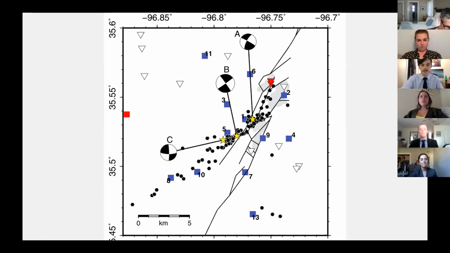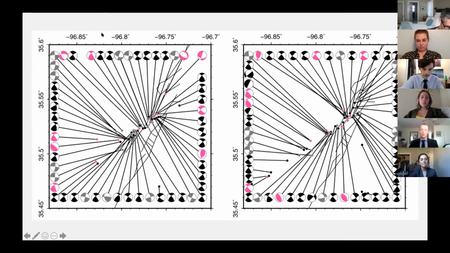Here is a diagram of all the earthquakes. All the little beach balls that you see on the screen are called focal mechanisms, and they show the direction of stress, compression and stretch in the earthquake, and this allows you to see what type of earthquake it is. The black section is compression and the white section is being stretched.